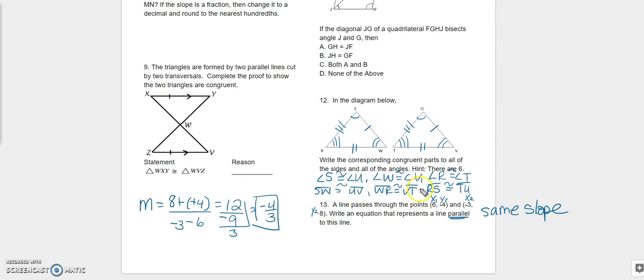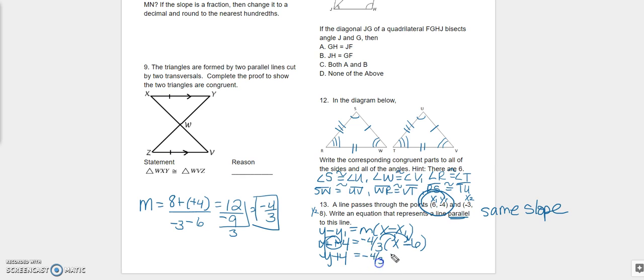Then I'm going to choose one of my points. I'm just going to pick the x1, y1, and I'm going to use point-slope form: y minus y1 equals m times x minus x1. And I substitute in y minus y1, which I've labeled negative 4, equals m, which is negative 4 over 3, times x minus x1, which is 6. I see a double negative here, so I'm going to fix that and make that positive. So I get y plus 4. And I'm going to distribute negative 4/3.